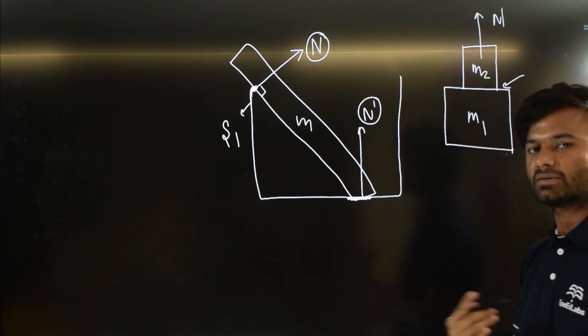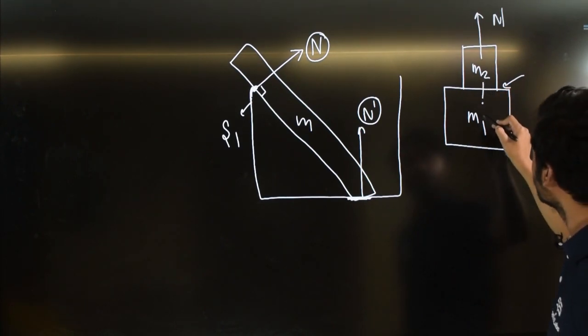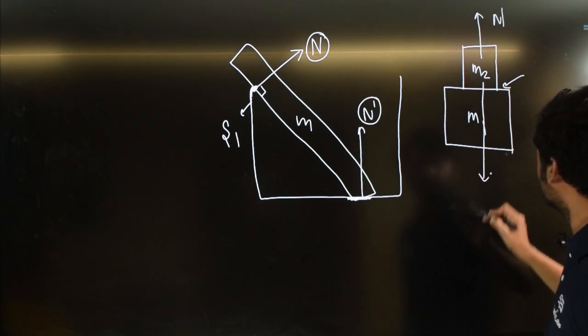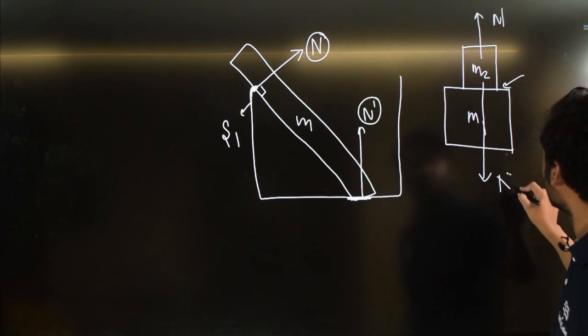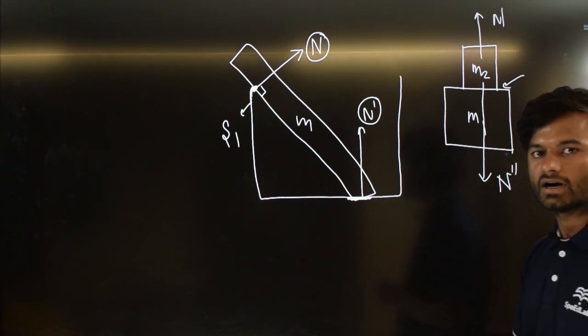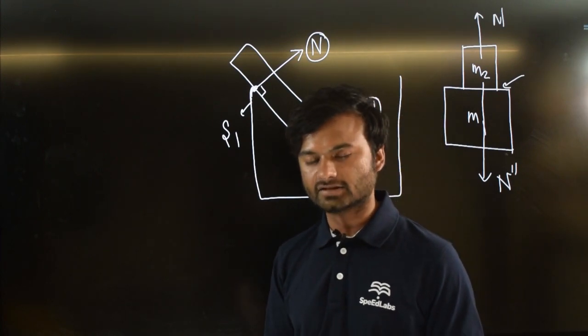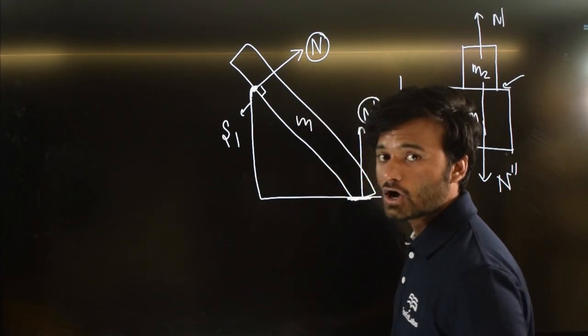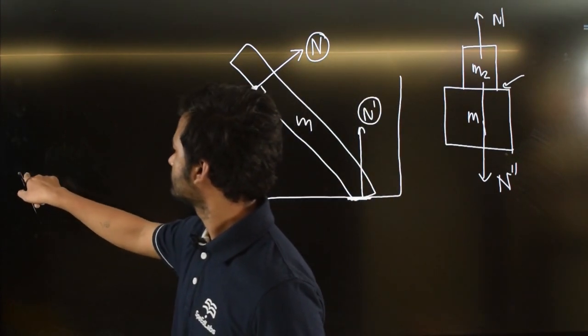Similarly, a reaction pair occurs, and m2 will act on m1, and this will act as a normal reaction, N double dash. So basically this is the normal reaction, which always acts perpendicular to the surface, and it is a contact force. Understand?